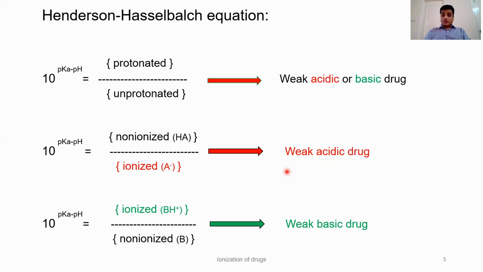So we have two formulas from this Henderson-Hasselbalch equation, one for acidic, one for basic, if you want ionized over unionized. If not, we can have protonated over unprotonated for both acidic and basic.